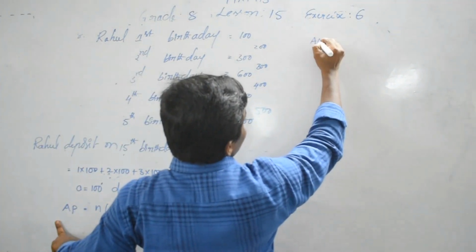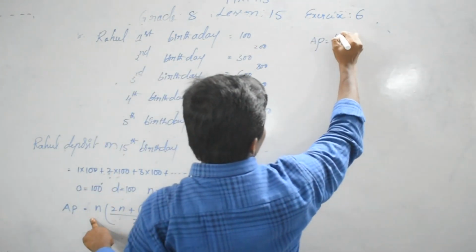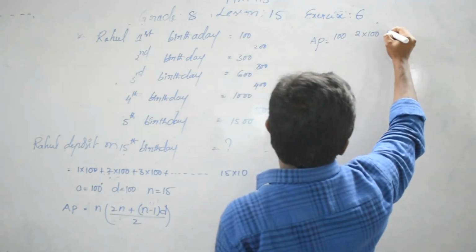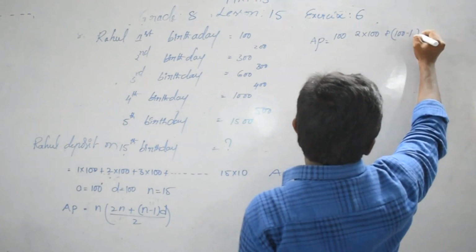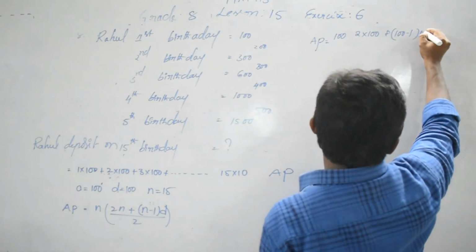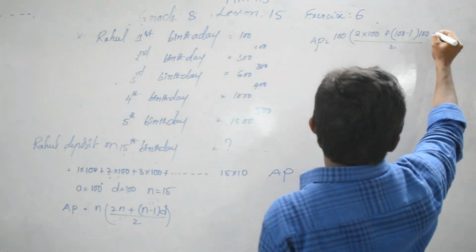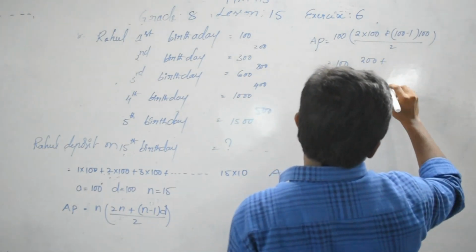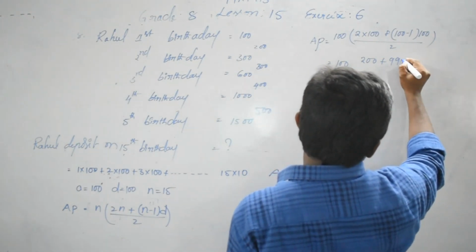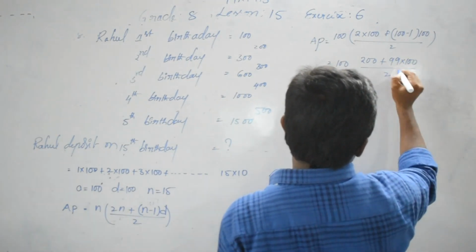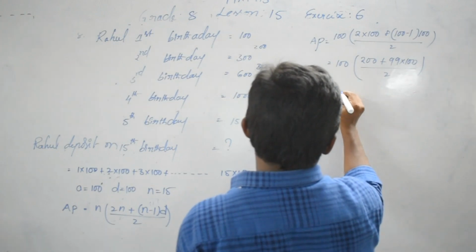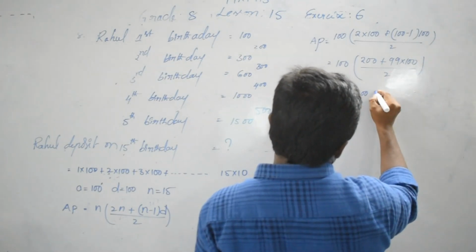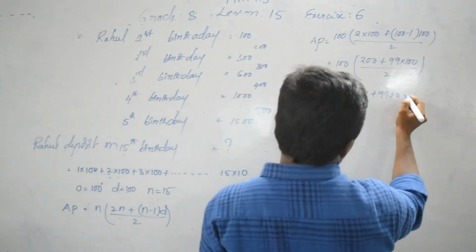Sum equals 15 by 2 times (2 times 100 plus (15 minus 1) times 100). So here 200 plus 14 times 100, that is 200 plus 1400.